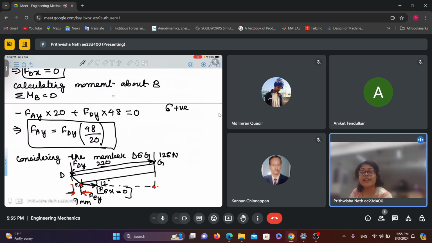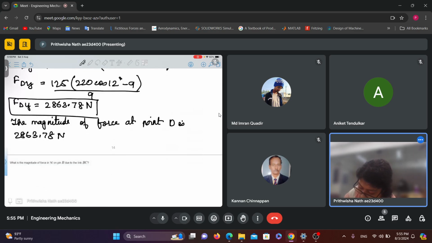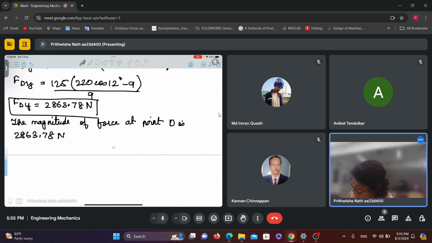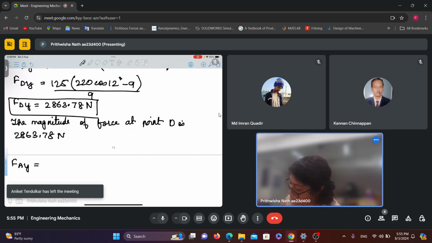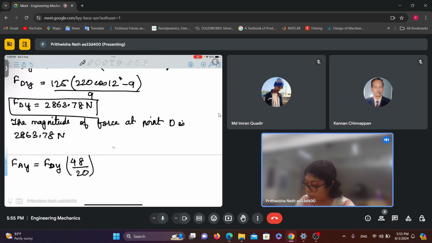From this I can calculate F_AY. So F_AY equals F_DY divided by 20. I'll just substitute the value of F_DY. So this is equal to 6873.07 Newton.